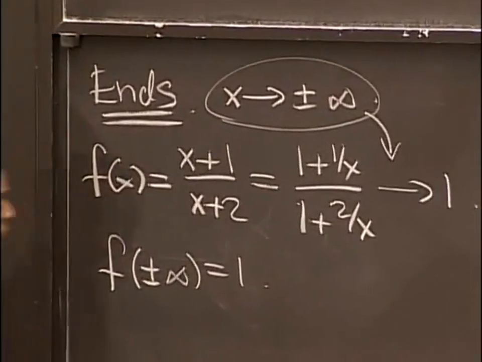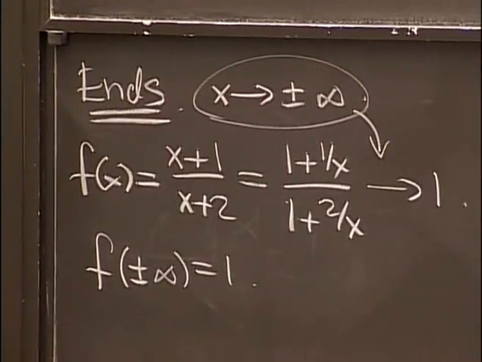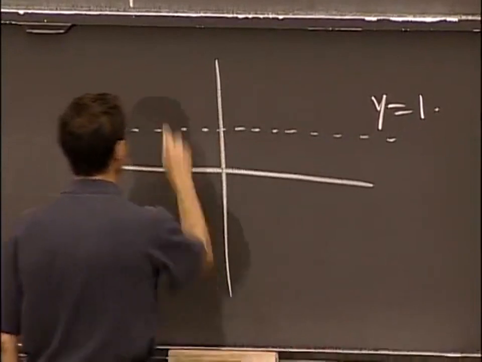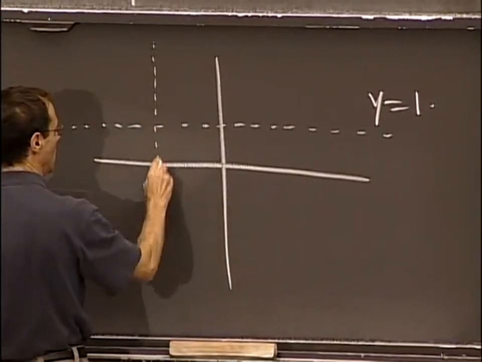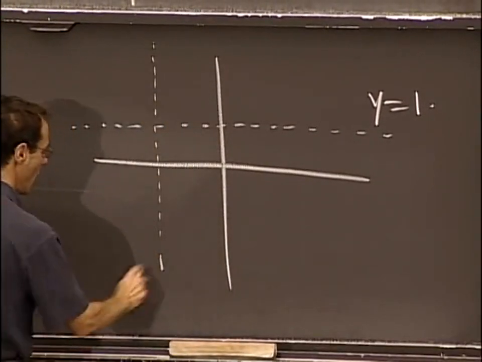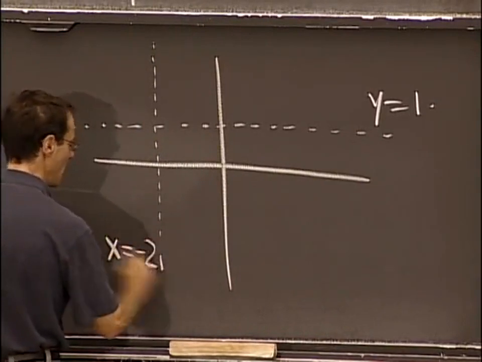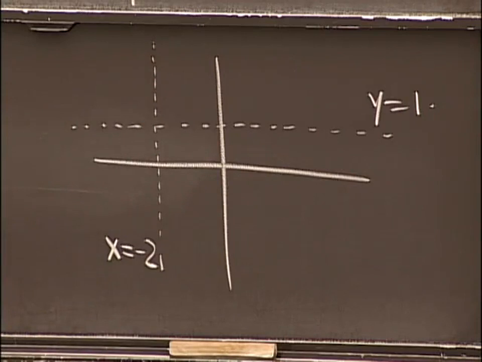All right, so now I get to draw this, and we draw this using asymptotes. So there's a level, which is y equals 1. And then there's another line to draw, which is x equals -2. All right? And now, what information do I have so far?